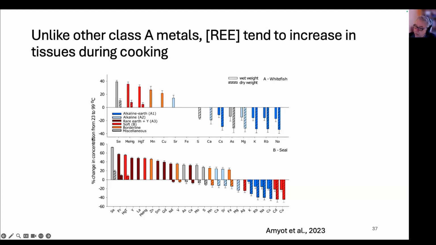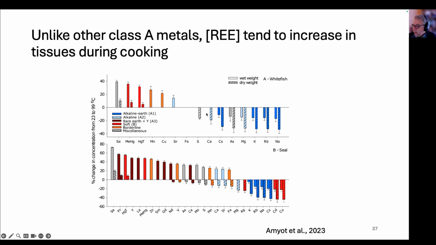So here you have a graph showing the change in concentration in the cooked meat, whether fish muscle or seal liver. On the upper graph, it's the fish muscle, and we were not able to detect the rare earth elements in fish muscle in that case. I've explained before that it's hard to measure. But we could see that mercury was increasing because of loss of water, so that makes sense. And usually the class A metals, such as alkaline earth and alkaline metals, were on the right side.